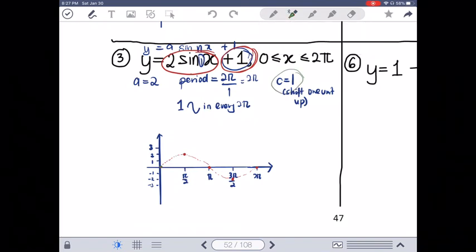So from 0 goes to 1, from 2 goes to 3, from 0 goes to 1, from negative 2 goes to negative 1, from 0 goes to 1. So you will have your new graph after shifting, something like that.